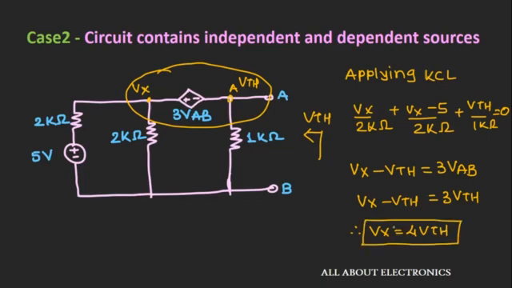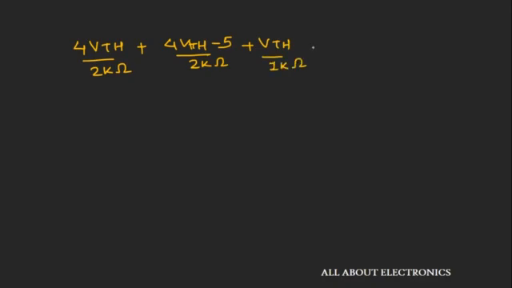So now we can put the value of this Vx in this equation. Putting this value, we will get 4 Vth divided by 2 kilo ohm plus 4 Vth minus 5 divided by 2 kilo ohm plus Vth divided by 1 kilo ohm is equal to 0.